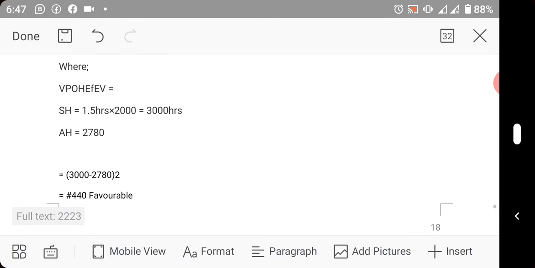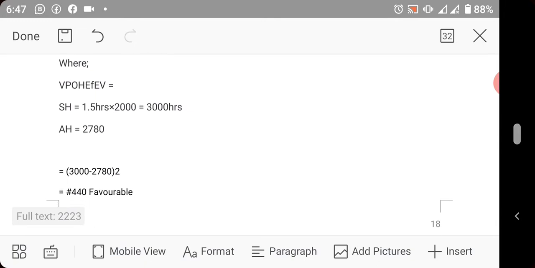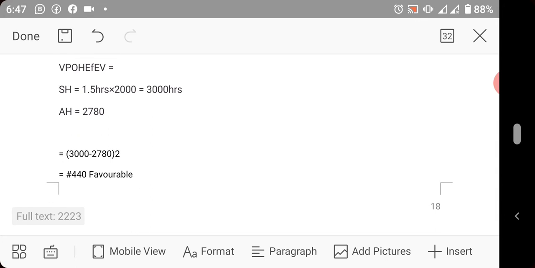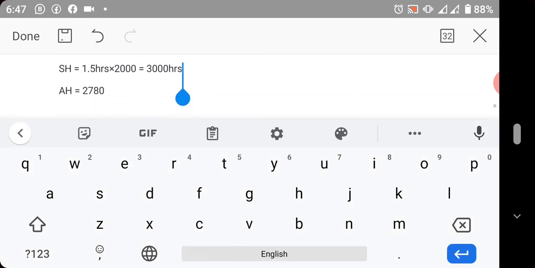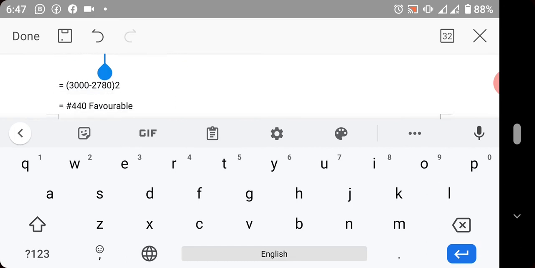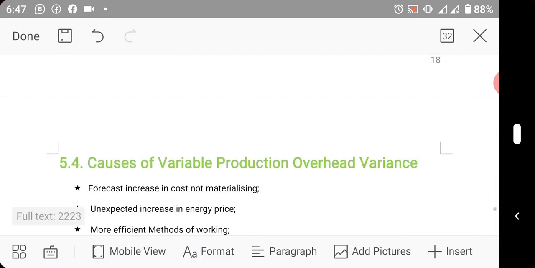So you just use the values given to you for variable overhead. So standard hour is 1.5 multiplied by the actual unit, which is 2,000. That will give you 3,000 hours. Actual hour is 2,780. So you substitute. You have 3,000 minus 2,780 times 2 will give you plus 440, which is favorable. Now, you can see how we calculated this.